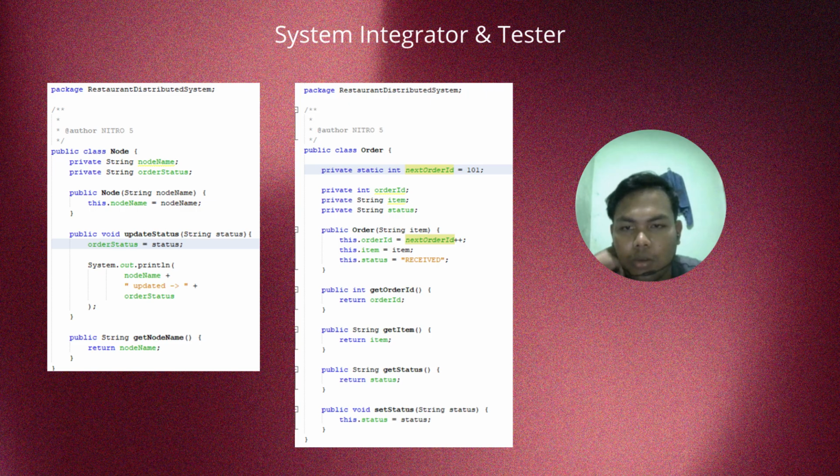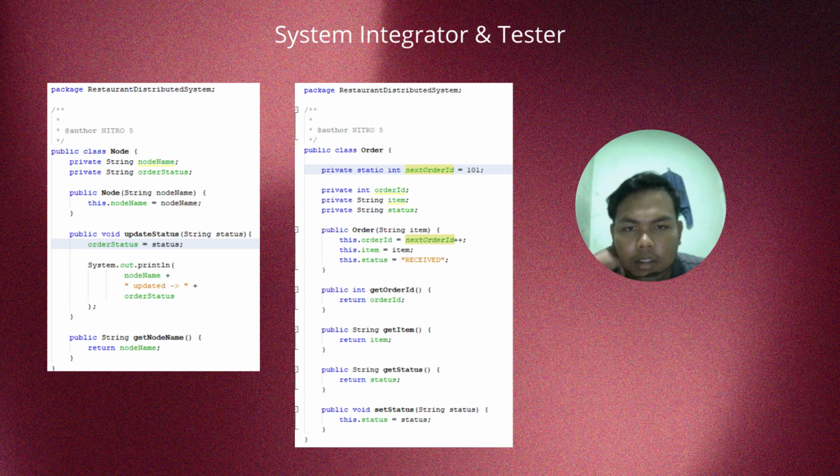Whenever node A, node B, or node C is currently doing something like preparing, completed or ready, this class will show each status update for each node.